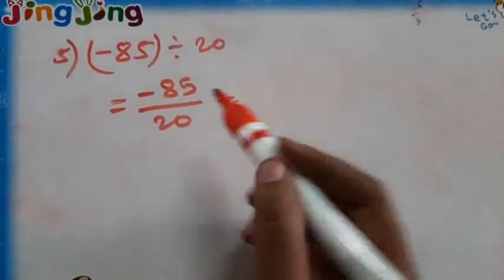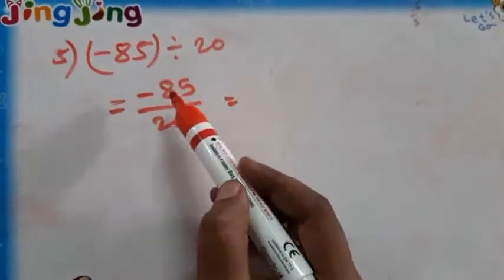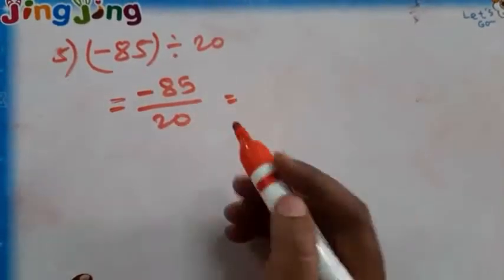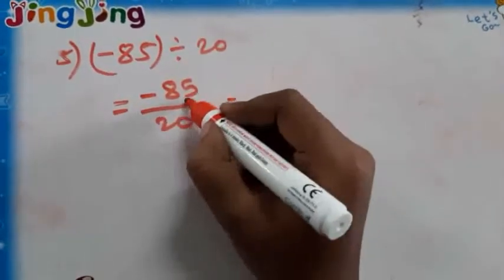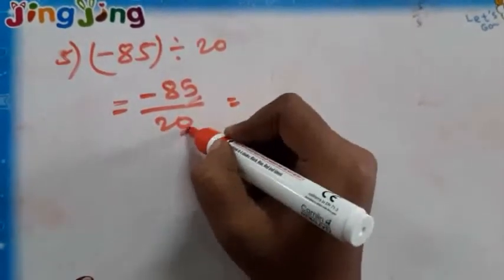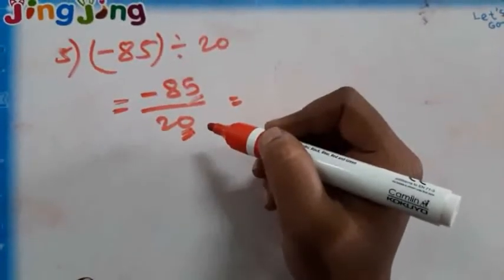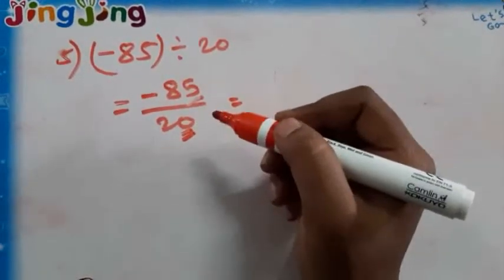Next example is minus 85 divided by 20. So it will be written as minus 85 divided by 20. These both are present in 5's table because at last 5 is present and here 0 is present. So according to divisibility rule of 5, these two numbers are present in 5's table.